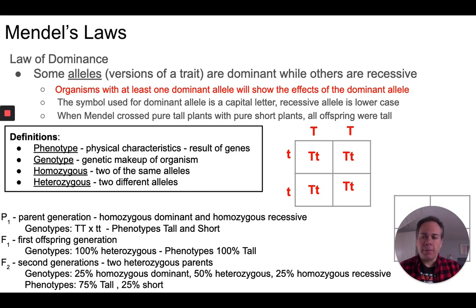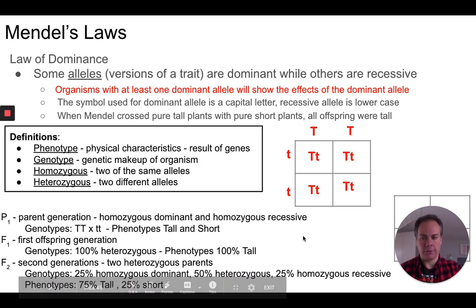Its genotype is the genetic makeup, the alleles that it has. So if I were to say big T, little t, that is its genotype. If I say heterozygous, which means there's two different alleles, that's its genotype. If I say homozygous dominant, that's its genotype. It means two of the same dominant alleles.